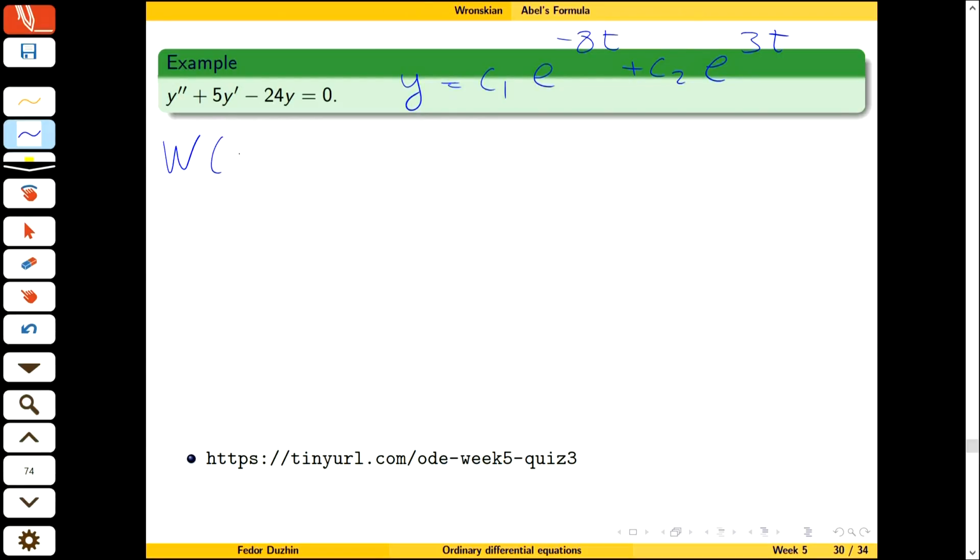So let's find the Wronskian of e to the minus 8t and e to the 3t. So this will be the determinant of the matrix, where the first row is just these two functions, e to the minus 8t and e to the 3t, and the second row is the derivatives of these two functions, minus 8 e to the minus 8t and 3 times e to the 3t.